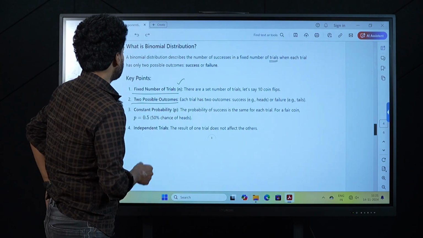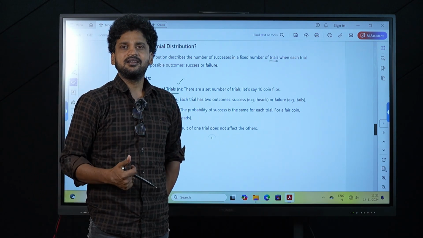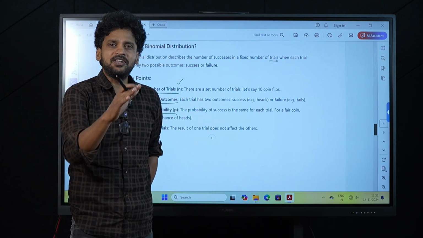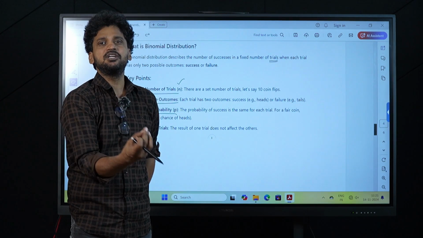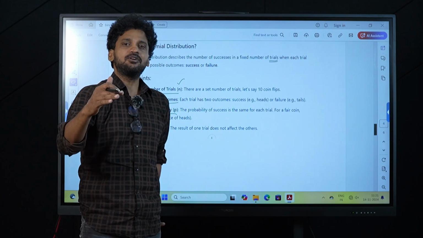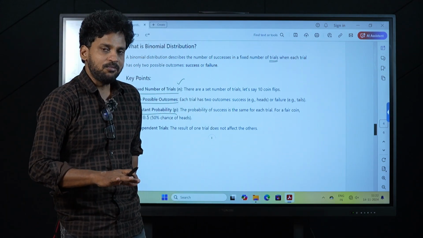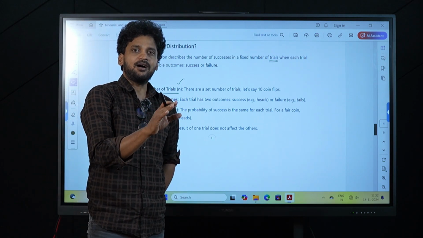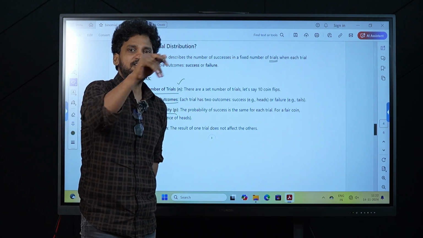Now, constant probability p. Every time you flip the coin, the probability of getting head is only 50%, equal to the other outcome, which is tails. One more thing is that the results of consecutive trials are not dependent on each other.